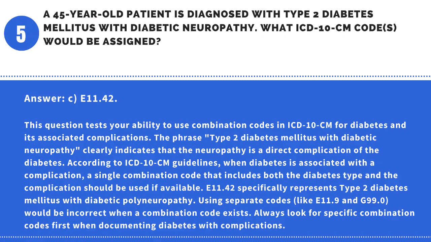E11.42 specifically represents type 2 diabetes mellitus with diabetic polyneuropathy. Using separate codes, like E11.9 and G99.0, would be incorrect when a combination code exists. Always look for specific combination codes first when documenting diabetes with complications.